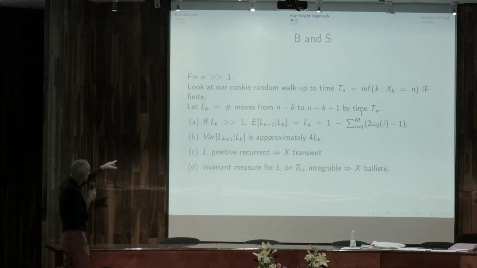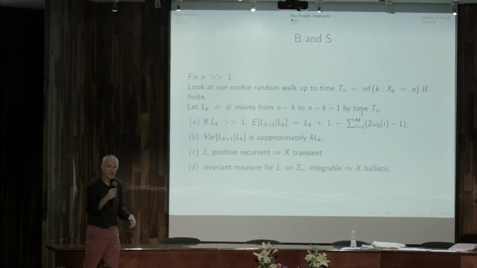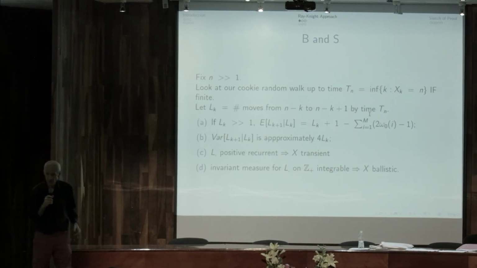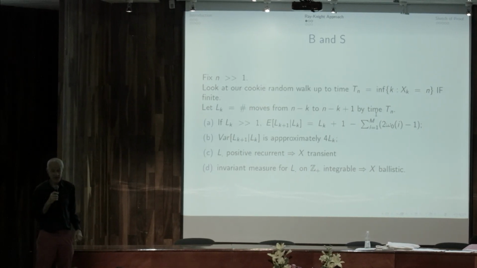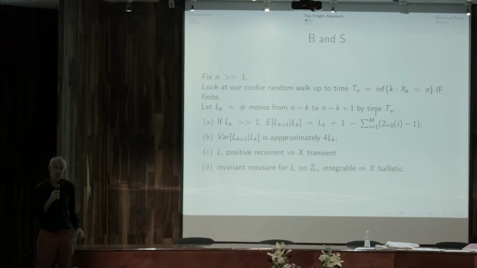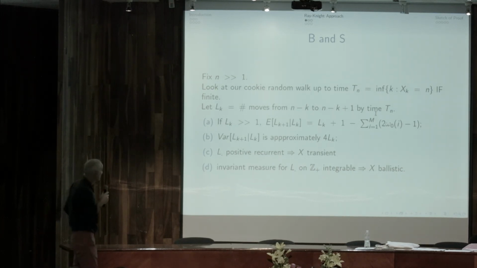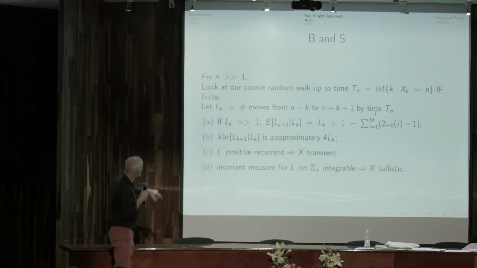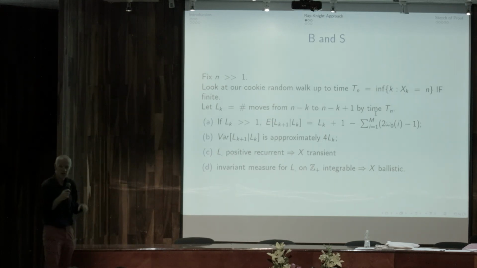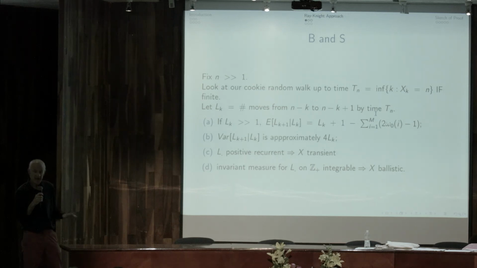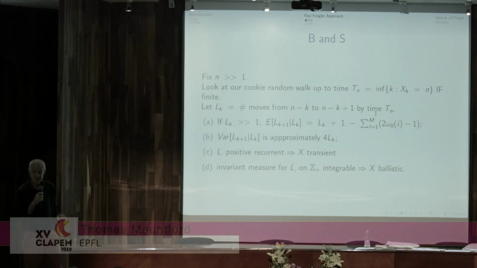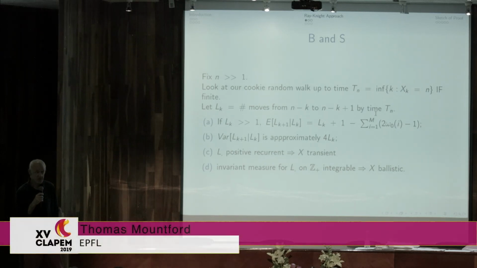I've just talked about the Markov chain here for L_k large, but that's all you need to decide whether L_k is positive recurrent or not. The information I've given, A and B, is enough to tell you whether you are recurrent or positive recurrent or not.